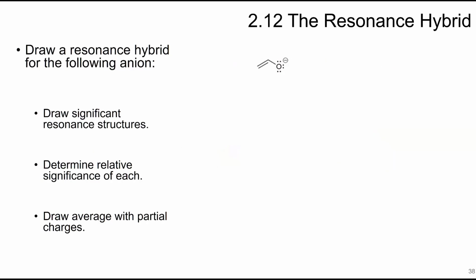Draw a resonance hybrid for the following anion. First, you draw the significant resonance structures. These electrons can go here and those onto there. So that is one resonance structure. And then determine the relative significance of each. So between these two, which one is more significant? Well, this one is more significant.